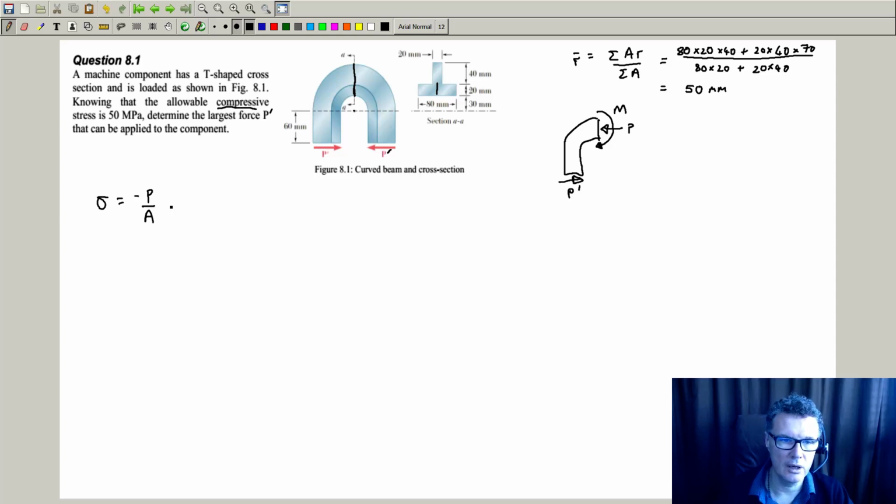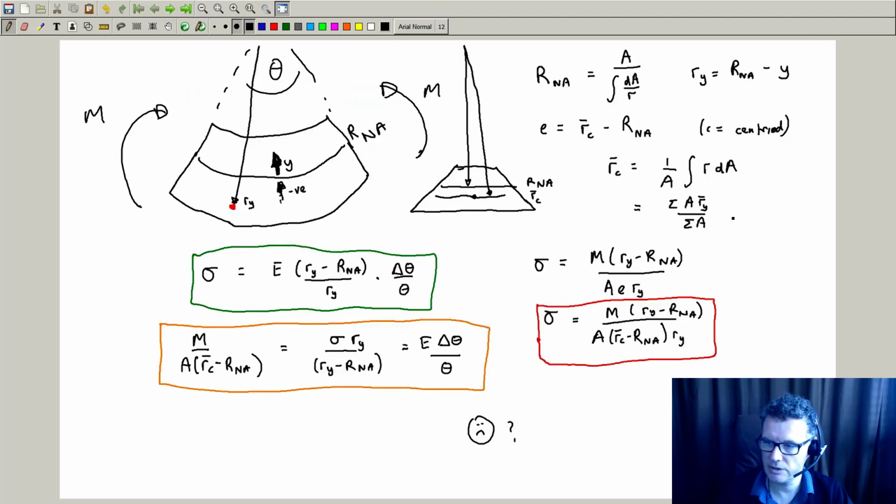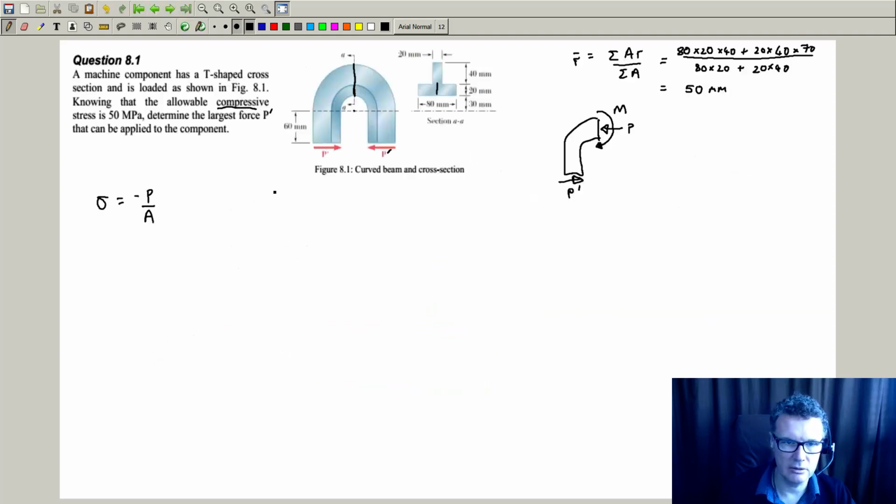So I now need to find an appropriate bending stress, but for a curved shape. So we're using this expression, and I need to make sure that this is going to give me a negative value. At the moment I'm not too sure whether it's going to be negative or positive, so I'll just add it on.